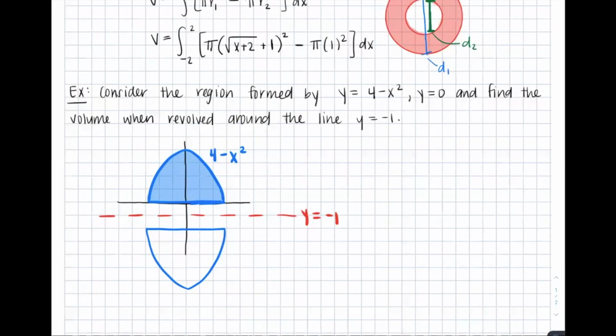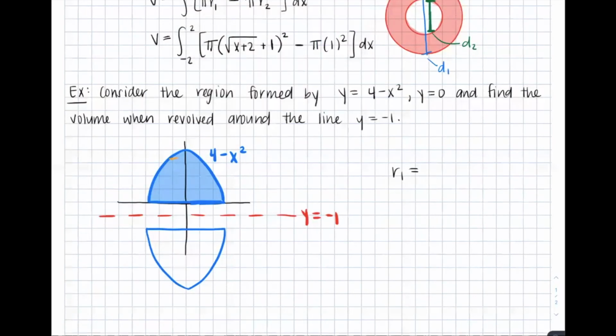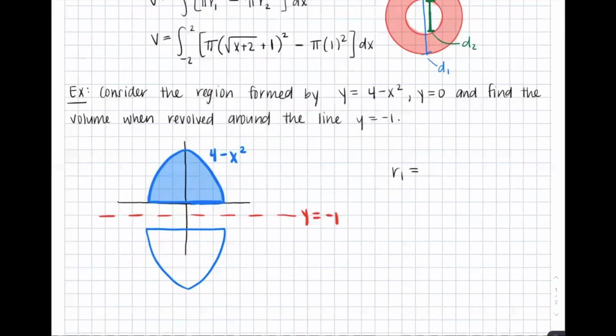So what would our first radius be given by? I'll try and draw it on here. Let's say I'm trying to find this height right here. What is this going to be given by?